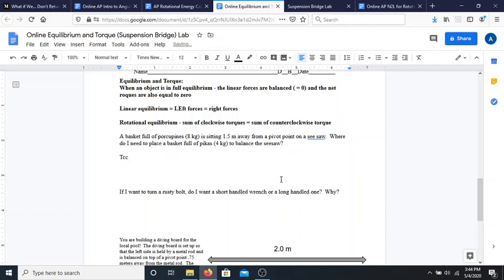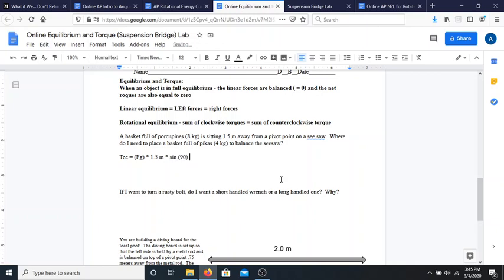So counterclockwise torque is going to be equal to the force that's providing the torque, which in this case, if I draw an FBD, you'll actually see that the force is going to be provided by gravity, the weight of the porcupines, times how far away the porcupines are from the pivot, 1.5 meters, times the sine of the angle, which in this case, because this seesaw is sitting horizontally, F_G makes a perpendicular angle with it, so it'll just be sine of 90 degrees.